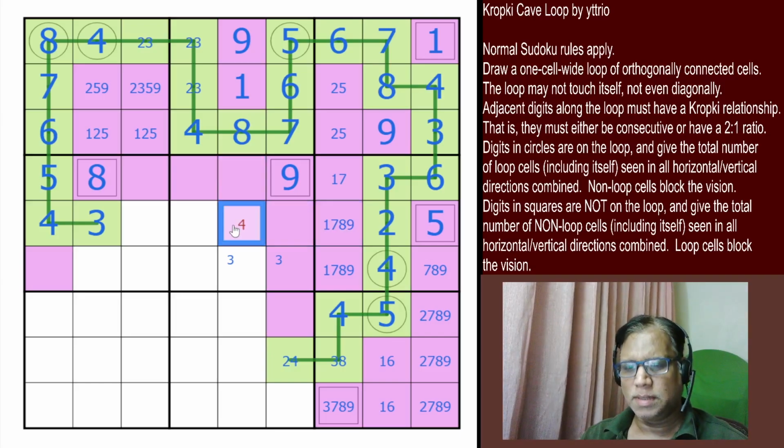Oh, that can be 4, right? So 1, 2, sorry, 1, 2, 3, 4, 5. Oh, so this is only 6 or 7 because both 8 and 9 is 1. And if you just count the number of cells it is seeing, it must be 4 or greater, but both 4, 5 is there, 8, 9 is there, so only possibility is 6 or 7.